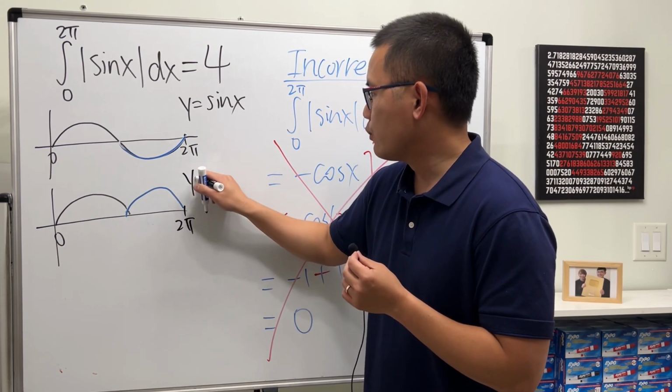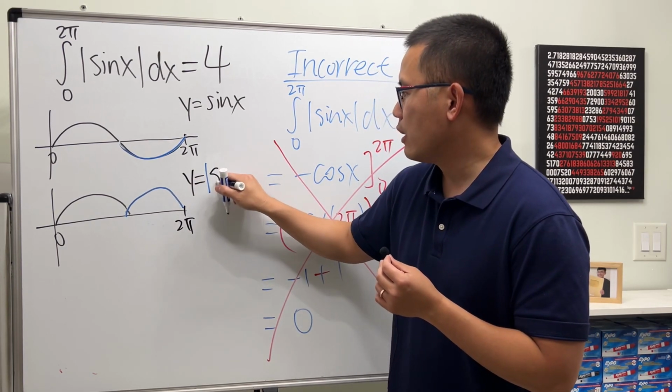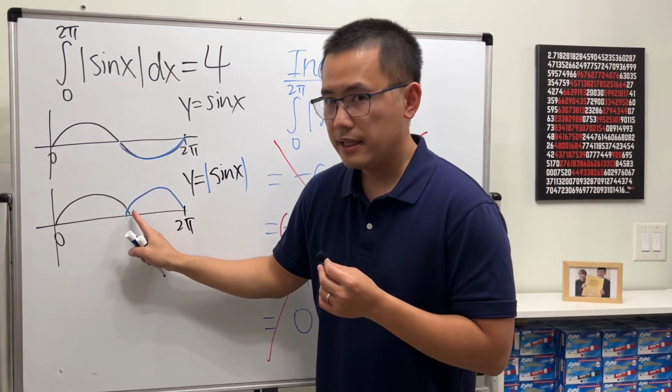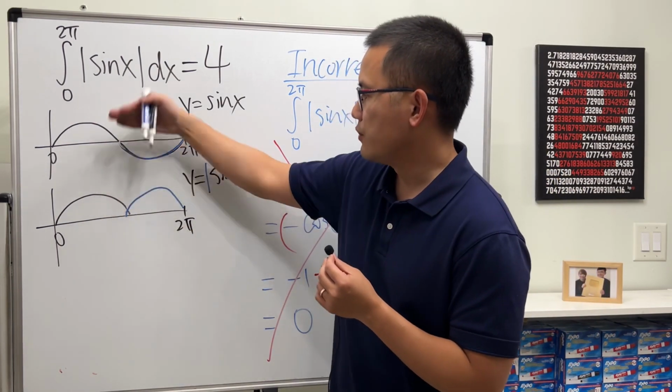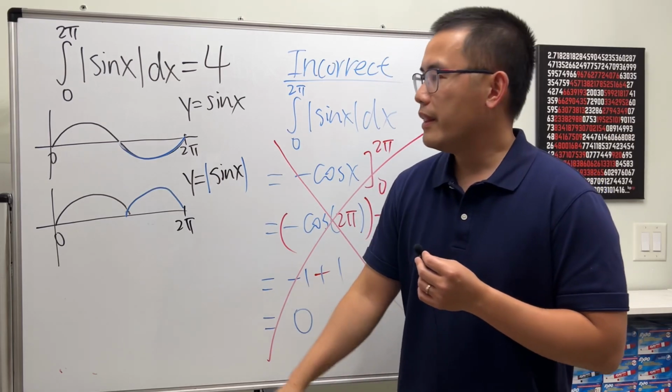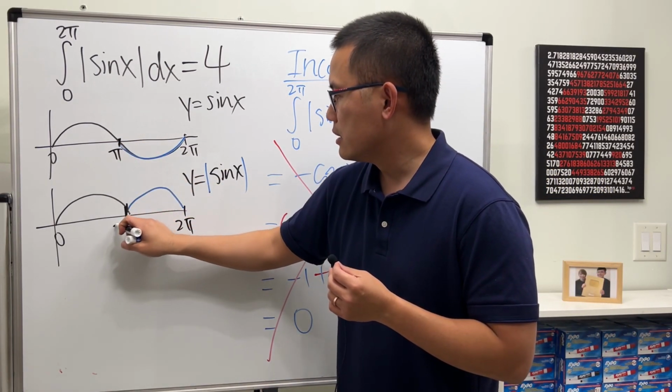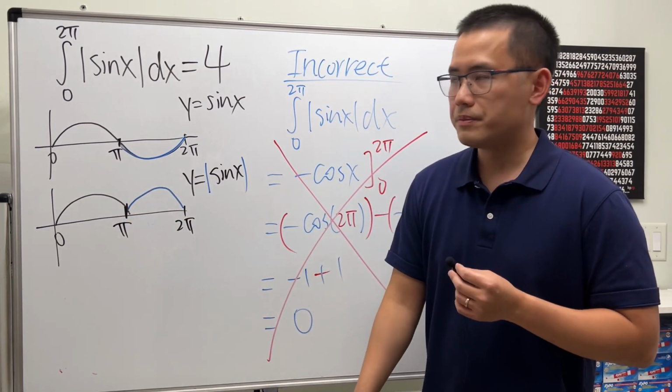And this is when we have y is equal to absolute value of sine x. The positive portion stays, but the negative portion, you just flip that to the top. And the turning point here is pi, because sine pi is equal to 0.